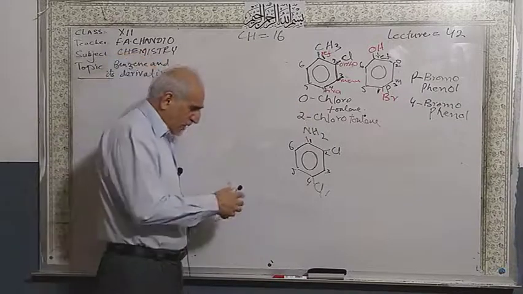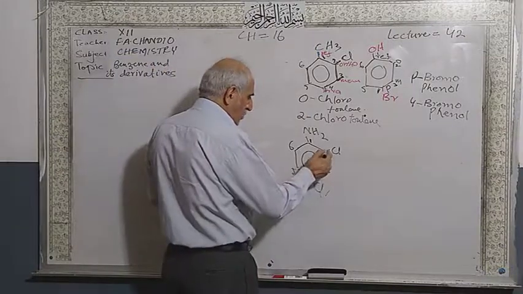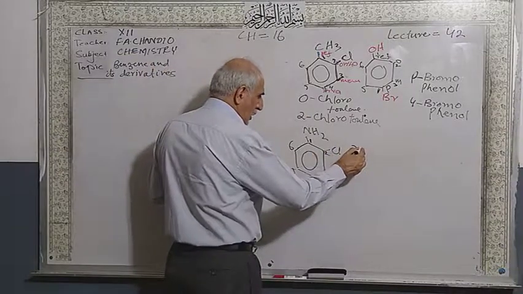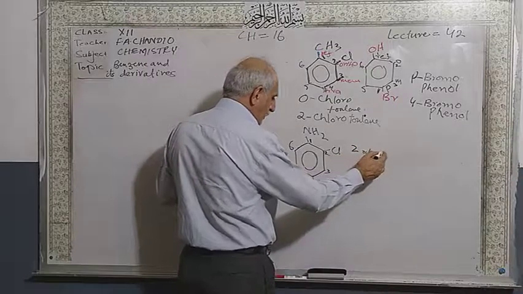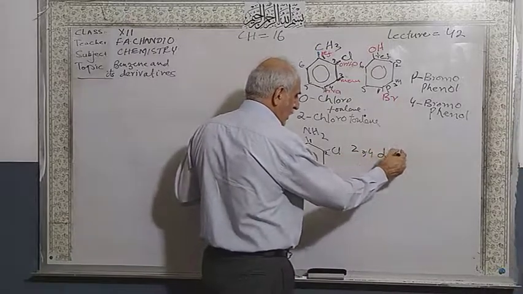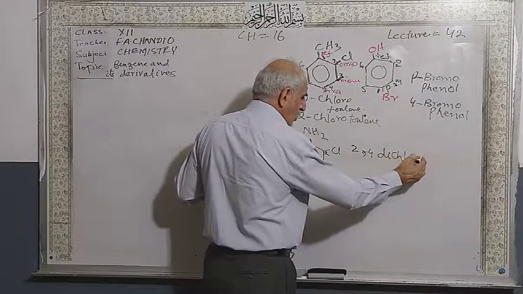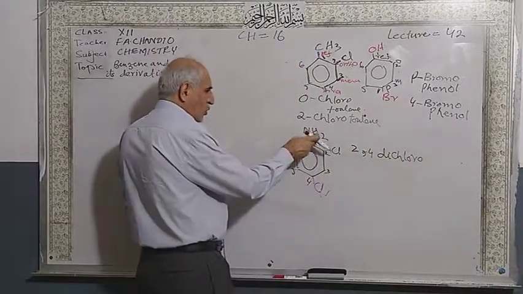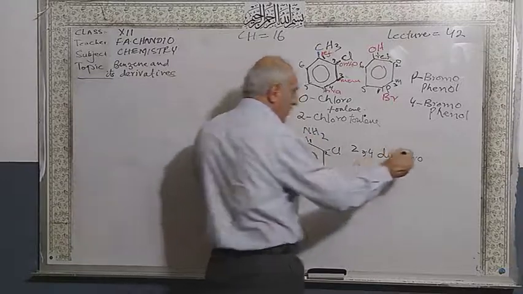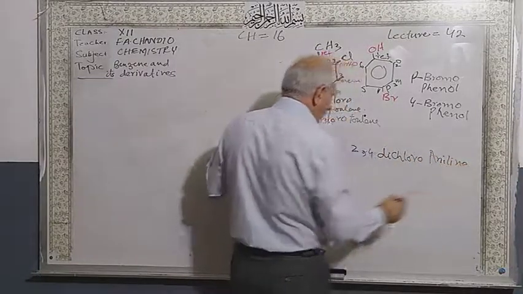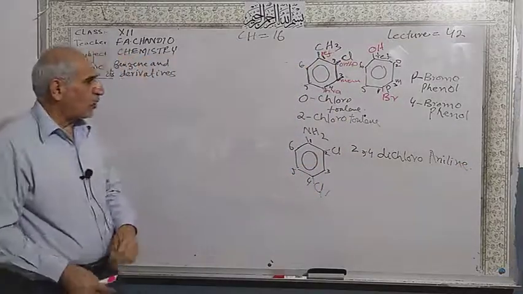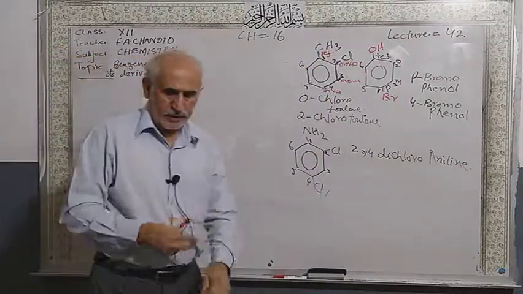So the name of this compound will be 2 and there is a 4, so 2,4-dichloro, and this NH2 attached to benzene we call aniline. 2,4-dichloroaniline.